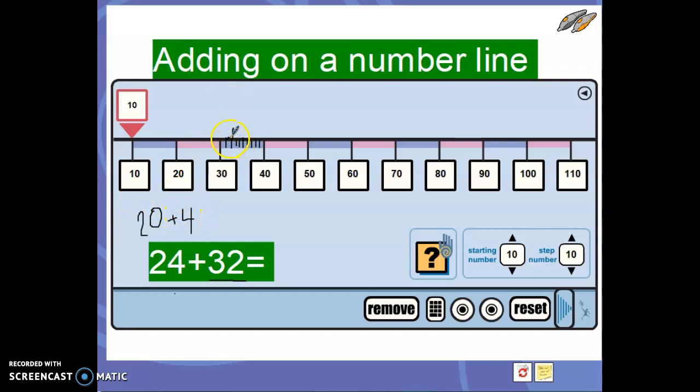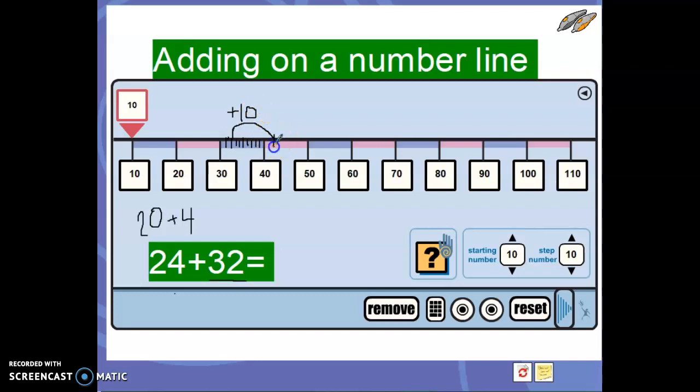So I'm going to show that real quick and label all of my jumps. So 32, and I'm going to add 10 plus 10 plus 4. So 32 plus 10 would get me to 42. Yes, ma'am. What do you need? Yes, that's number 32.